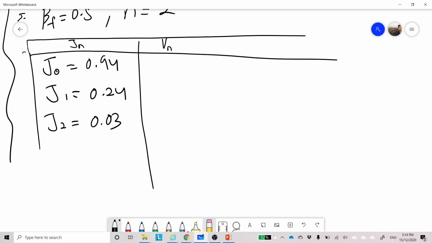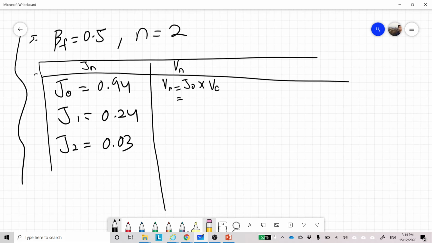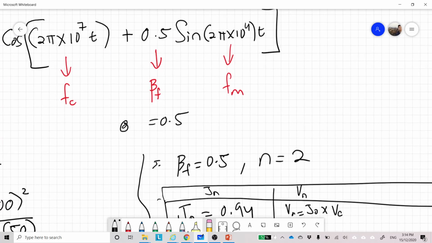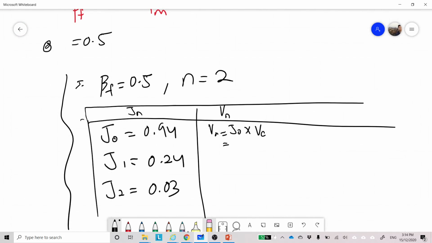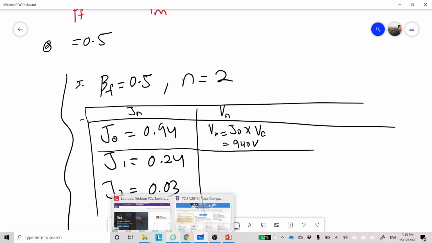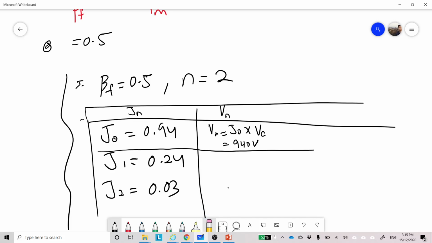So Vn, here for J0, the amplitude V0 is equal to J0 multiplied with Vc. So this one you akan dapat bersamaan dengan 0.94 darabkan dengan 1000, so you akan dapat 940 volt.